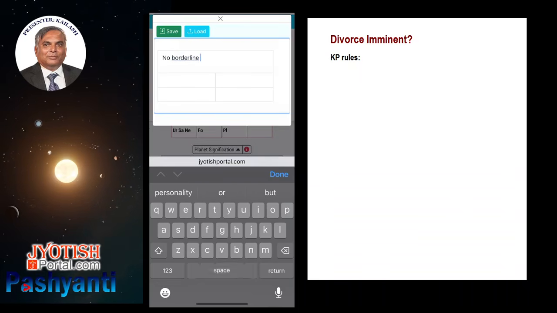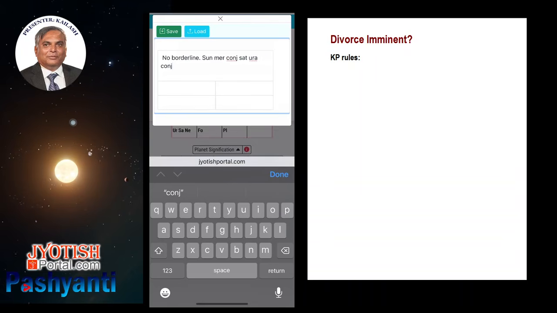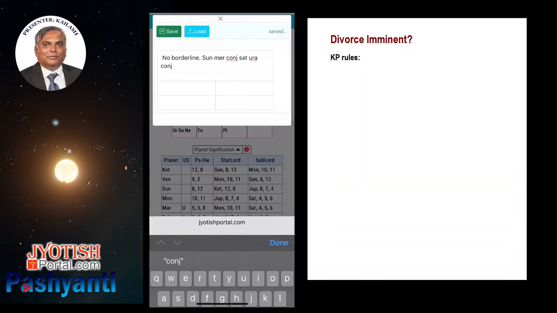Second is the Sun Mercury conjunction, and Saturn and Uranus conjunction. And then I'm going to save these notes.